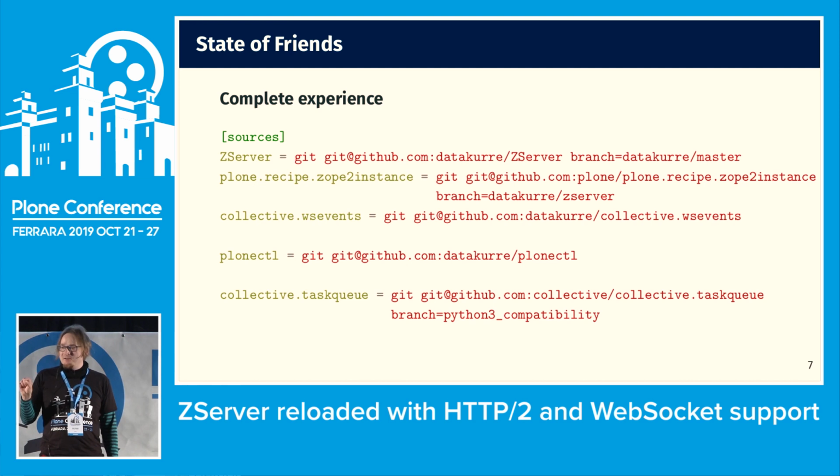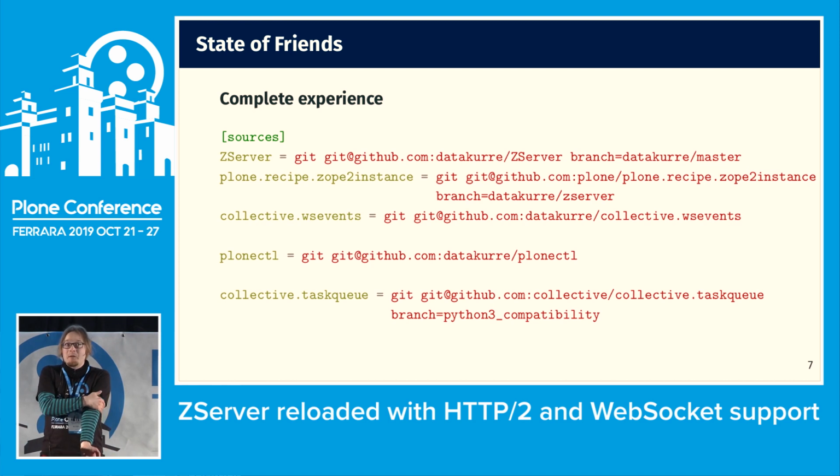And then there is the add-on collective.wsevents that does those WebSocket things I showed you previously. So what some of the Summer of Code students were using is the stack Plone 5.2, but only with these three add-ons on top of that, customized.